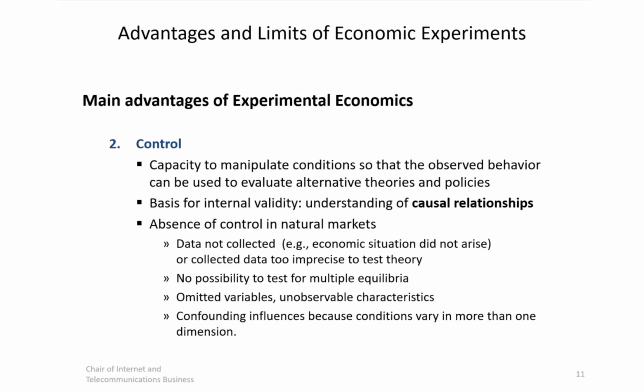For instance, in the absence of control in natural markets, data may not be collected, or the collected data might be too imprecise to test theory. It might not be possible to test for multiple equilibria. There might be multiple omitted variables, unobservable characteristics, or confounding influences, because conditions vary in more than one dimension, right? That is the problem of confounding variables, right?